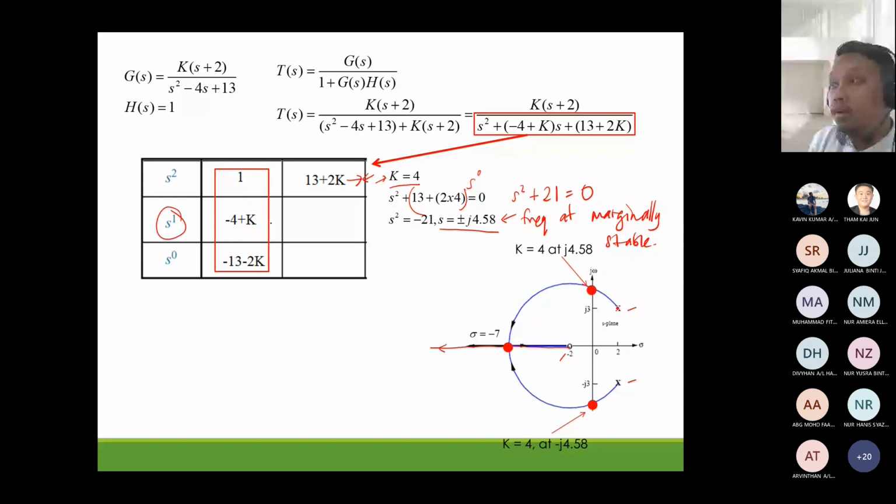So one of the poles will go to the zero here. It can go here, for example, or anywhere. If it goes like this, then it must have a breaking point, meaning that the root locus must break into the real axis. So that's why we have a breaking point.